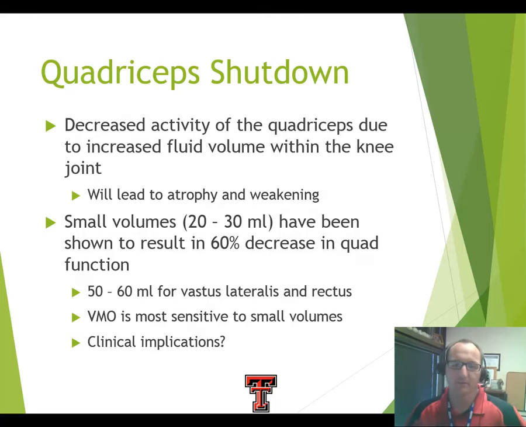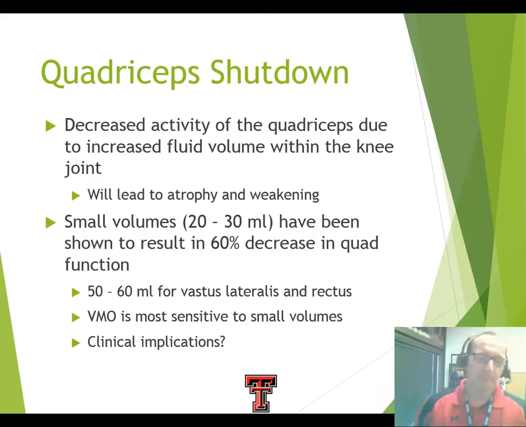Usually you're talking 40 milliliters or more before you can really appreciate it. But if they have an effusion of that small an amount, studies have shown up to a 60% decrease in quad function. The vastus medialis oblique is the most sensitive to small volumes, and it can be shut down.